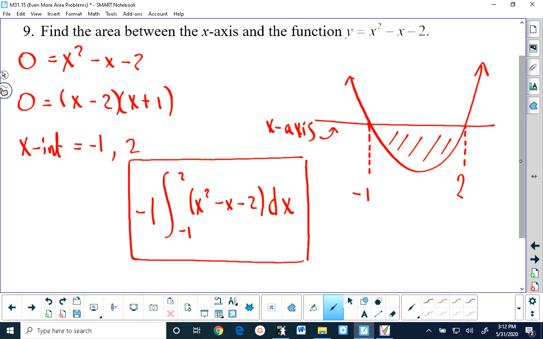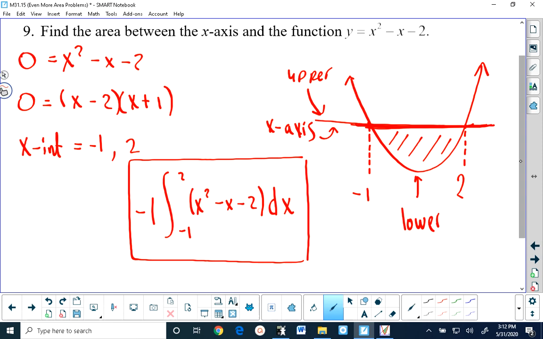The other option, though, is to use what we learned today and call this the lower function and call the x-axis the upper function. In the region whose area is bound by these lines and curves, this is the top of the area, and that's the x-axis.